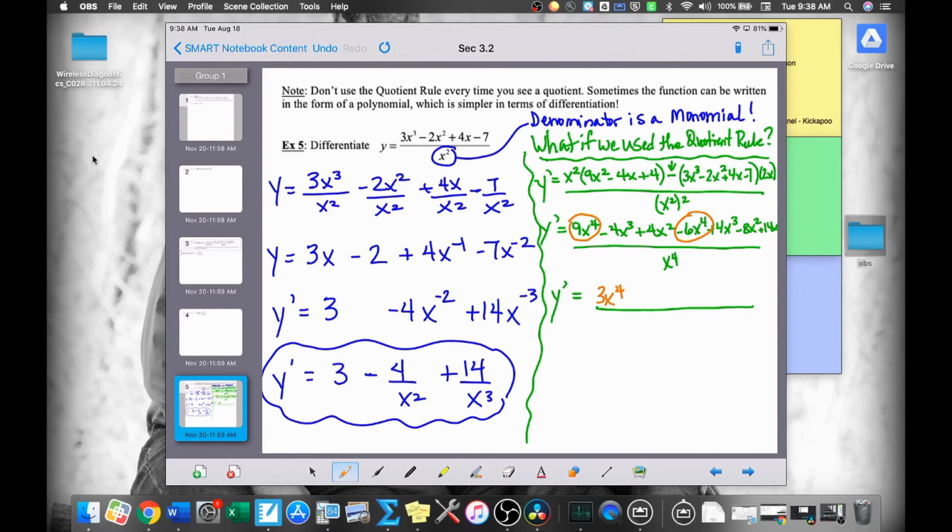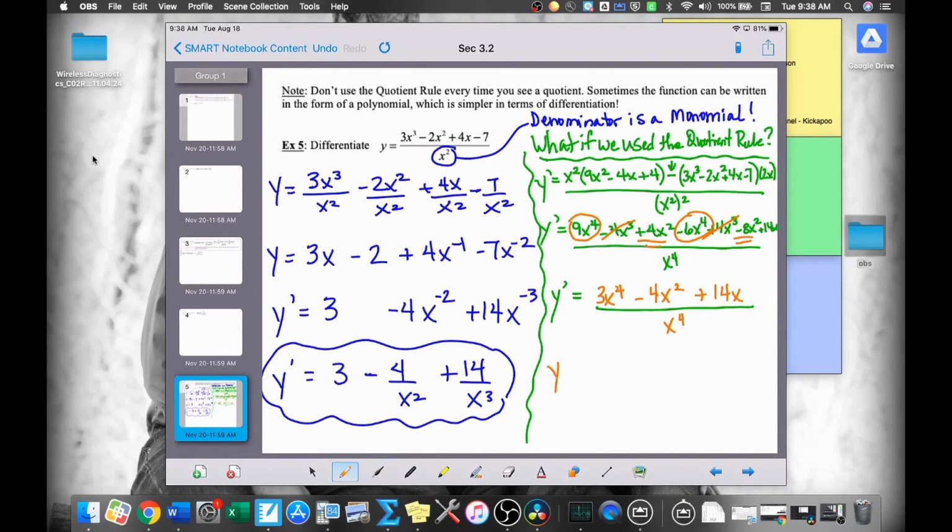I have negative 4x cubed and positive 4x cubed, so coincidentally those cancel out. I have positive 4x squared and negative 8x squared, so that's going to give me negative 4x squared. And then finally I have that plus 14x, and this is all divided by x to the fourth.